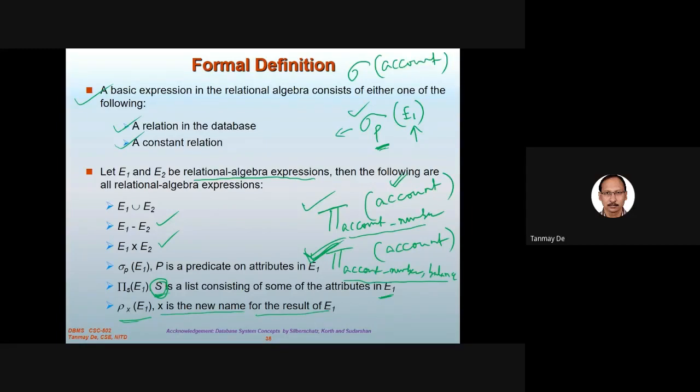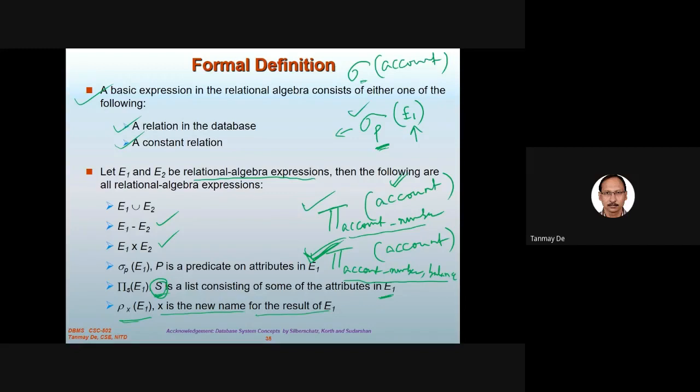All the content of the account: it shows the values of the column account number, the column branch name, and the column balance. If there is any condition, say balance is greater than 10,000, then it displays the account number and branch name whose balance is greater than 10,000 rupees, and less than 10,000 is not displayed or considered in the output relation.